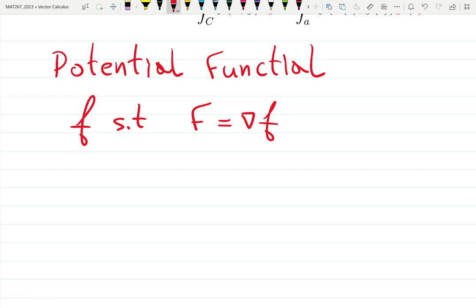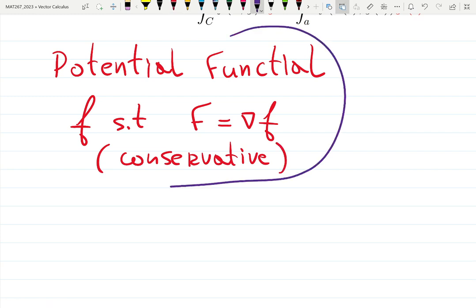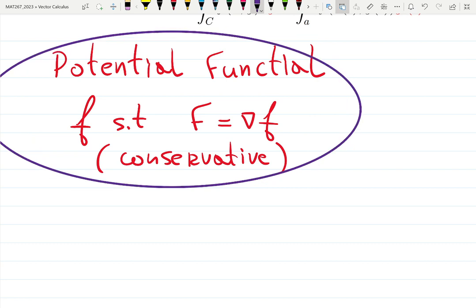This only works when we're working with conservative fields. So basically we want to integrate capital F. Capital F is the wind. The derivative of small f is how strong the wind is, right?